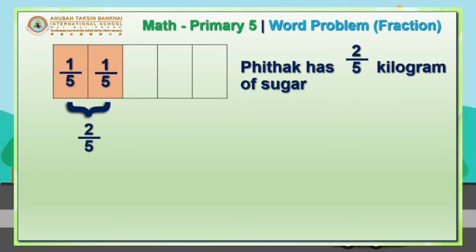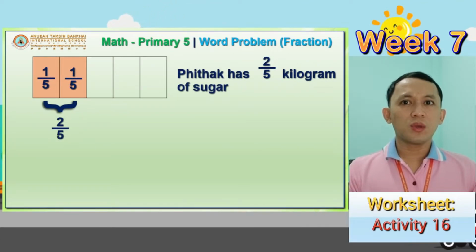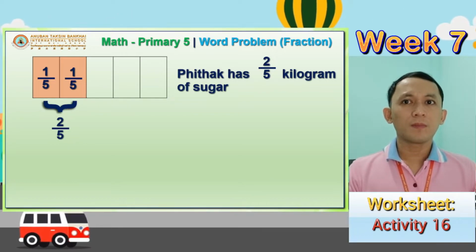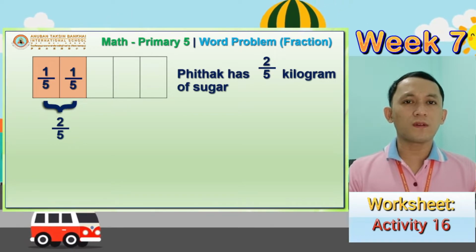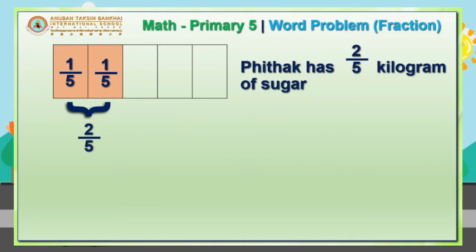So if you have here a representation of the sugar, take note that Pitak has 2 over 5 kilogram of sugar. So if this is the whole sugar, it's just only 2 over 5 kilograms. So we have 1 over 5 and another 1 over 5.